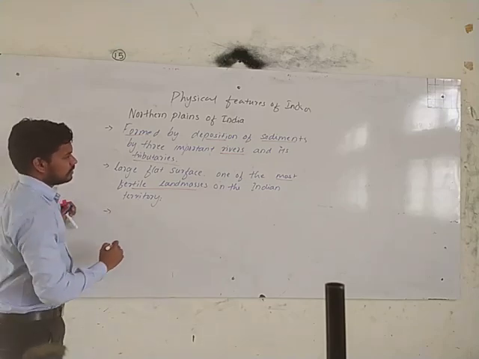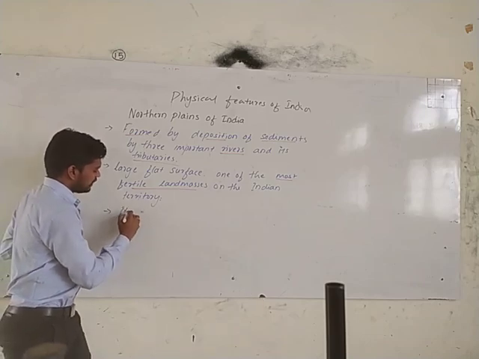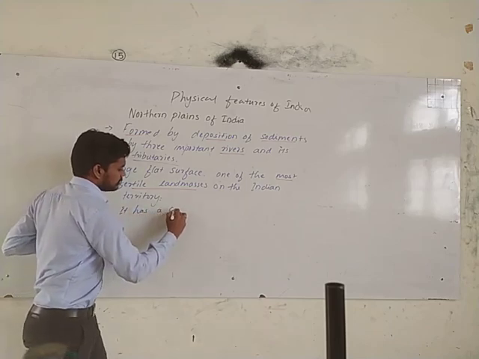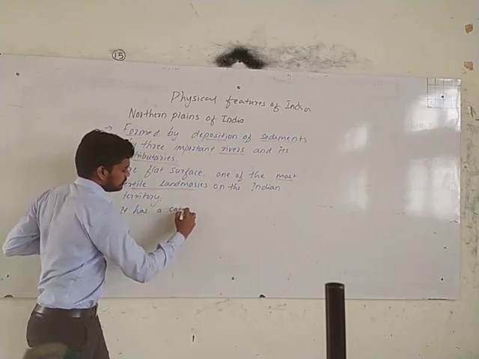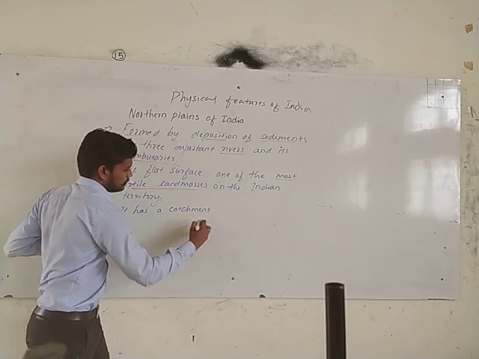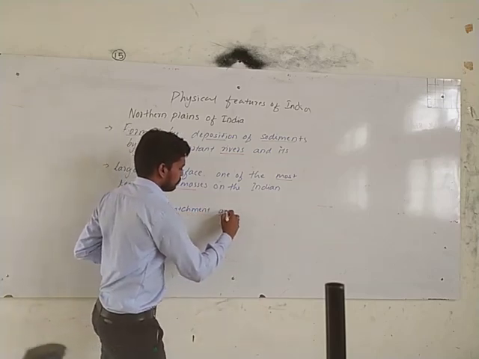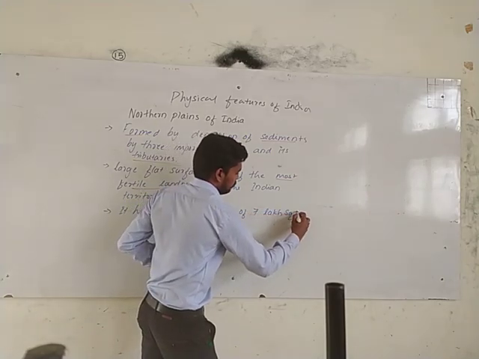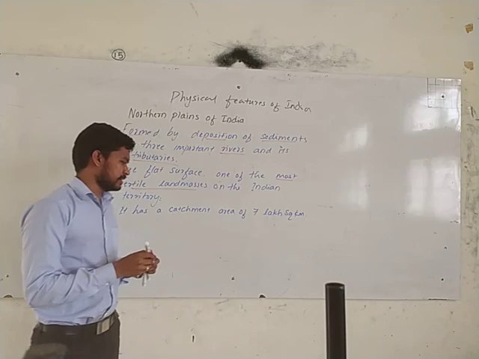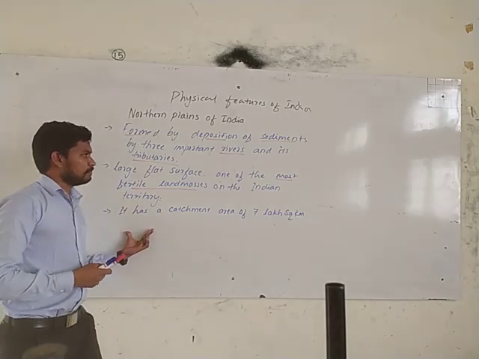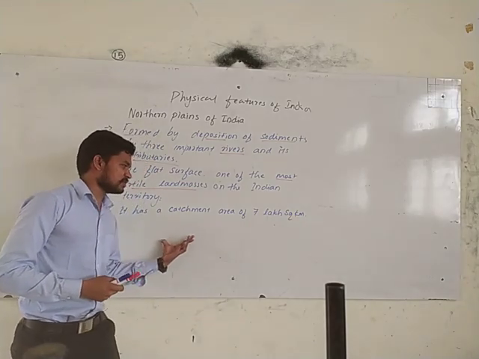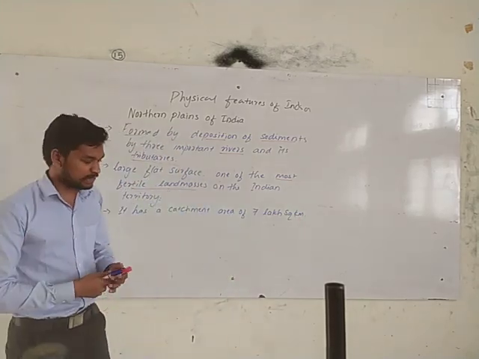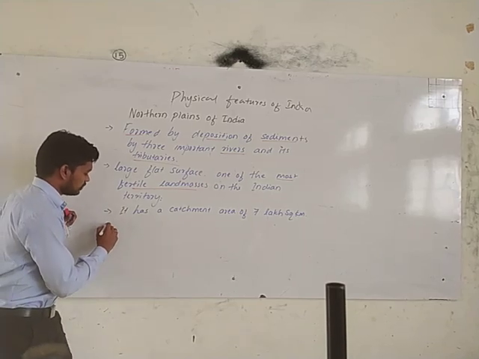It has a catchment area of 7 lakh square kilometers. It is spread across 7 lakh square kilometers in the northern part of India.